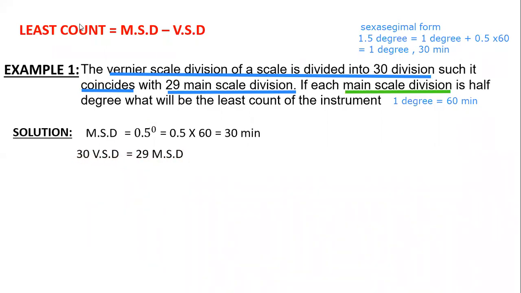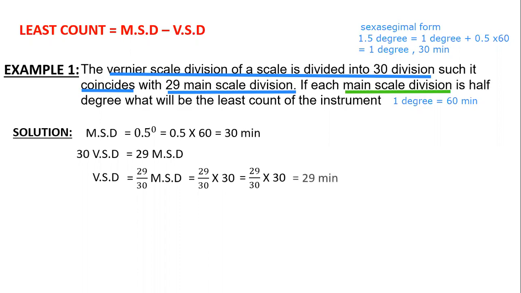If I further simplify this, I can get a relation: one vernier scale division will be 29 by 30 main scale division, because 30 will go to the other side and get divided. I have the MSD value as 30 minutes.